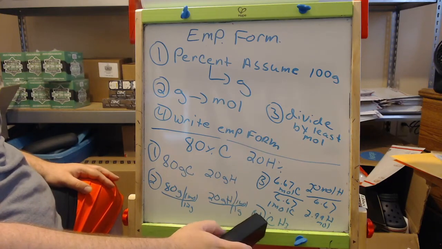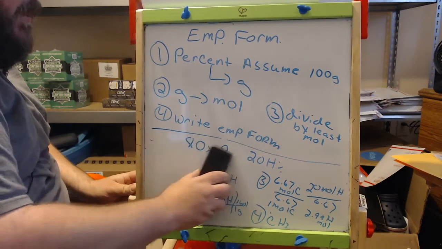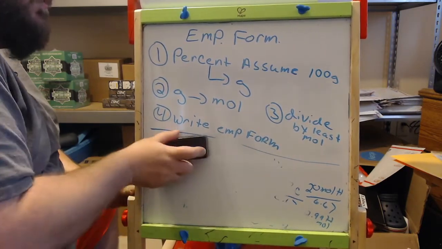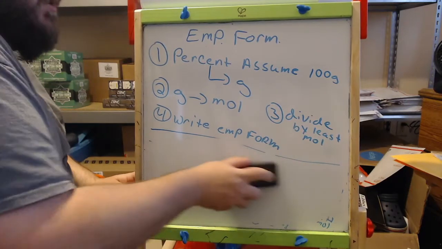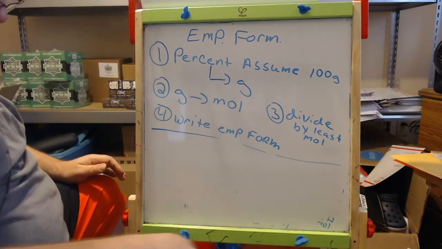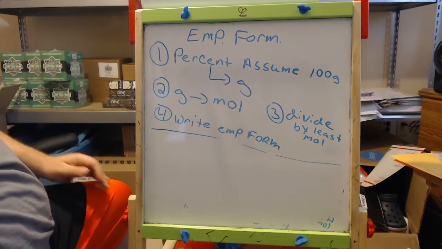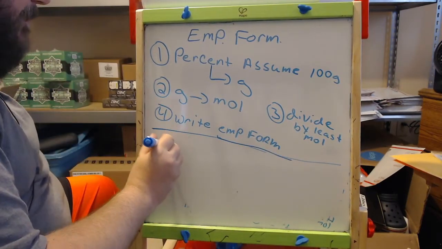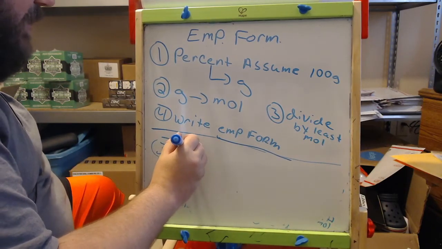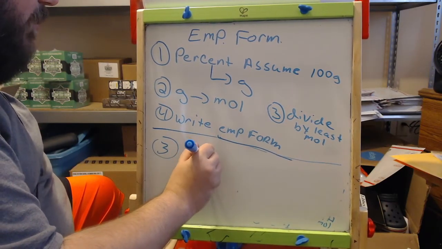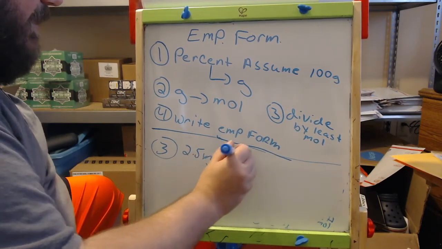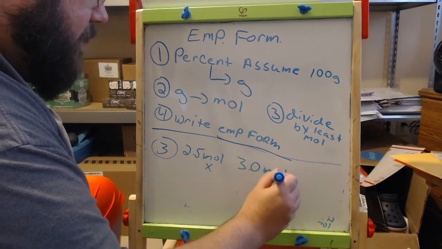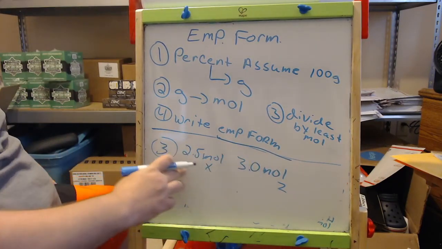Okay? Now, I do want to point out a couple things real quick. At 2.99 or like 1.01, it's okay to round. But let's imagine we did all our steps and we end up, okay, so this is going to be our step three. We just divide by our least ratio, and we got 2.5 moles of X and 3.0 moles of Z, and I want to write my empirical formula. What do I do? I have to double everything to get rid of that half.